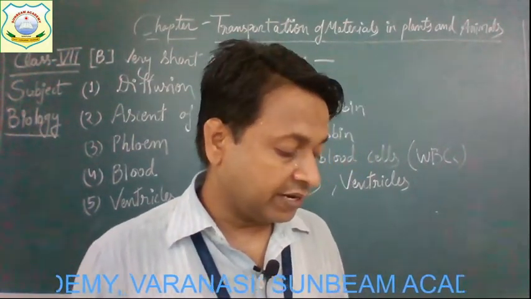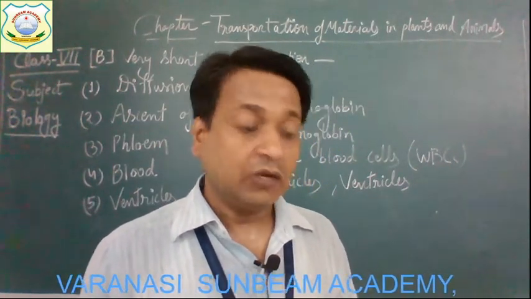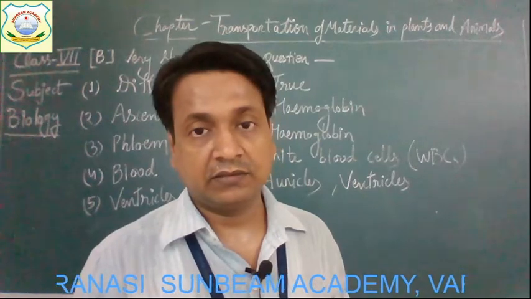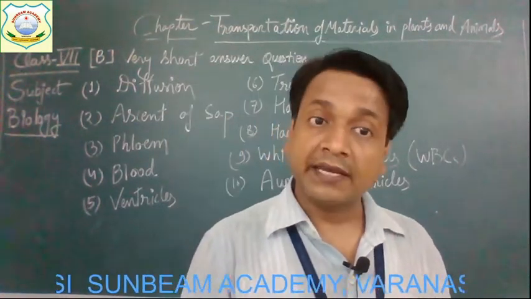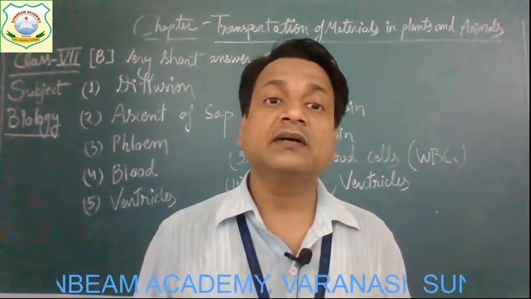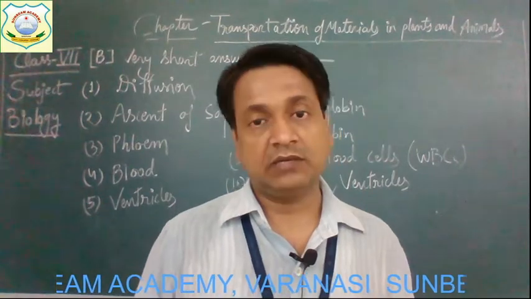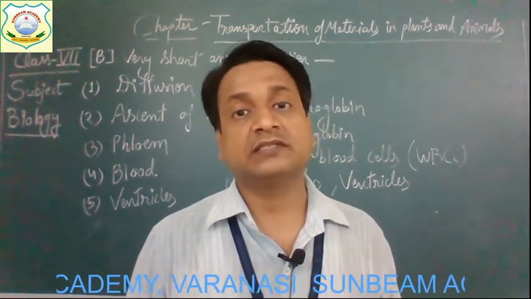Now come to the question number 11. The question number 11 is, name the blood vessels which carry blood towards the heart. Children, the blood vessel which carries the blood towards the heart, means which brings the blood to the heart, is veins.